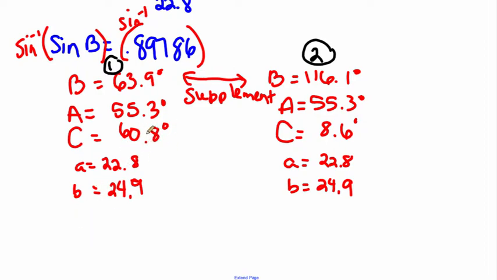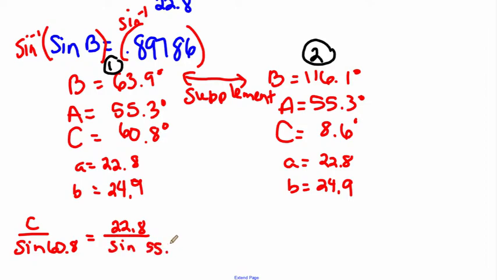So in this triangle where B is an acute angle, I'm going to set up side C over the sine of C, which is 60.8, equals A, and I always like to work with the angle that I'm given in the first place, over the sine of 55.3.